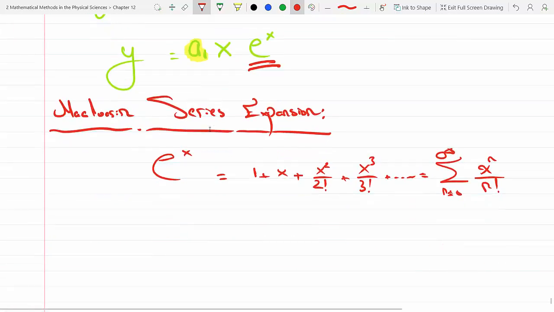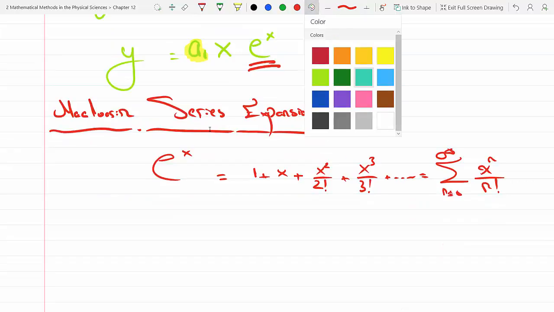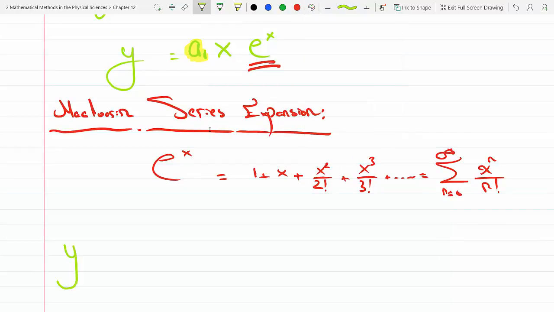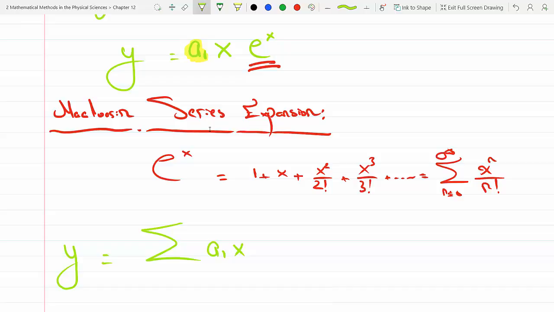So if I plug that in for e to the x, I will get a1 x times the sum of x to the n over n factorial, from n equals 0 to infinity.